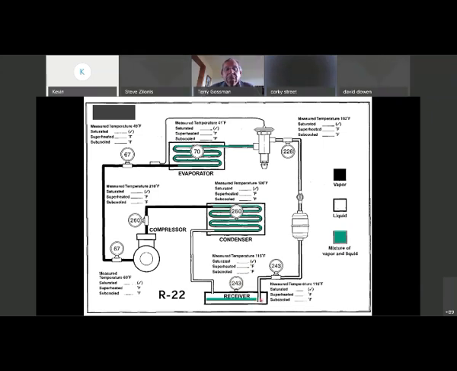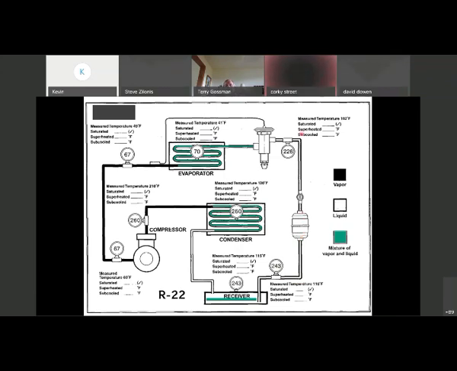Below that, where this dip tube from the receiver pulls its liquid refrigerant from, again, we're 115 degrees here, but the measured temperature is 110. So we're actually 5 degrees of subcooled liquid laying underneath that skin in the receiver. So that transfers up the liquid line at 110 degrees, and it's 5 degrees of subcooling.